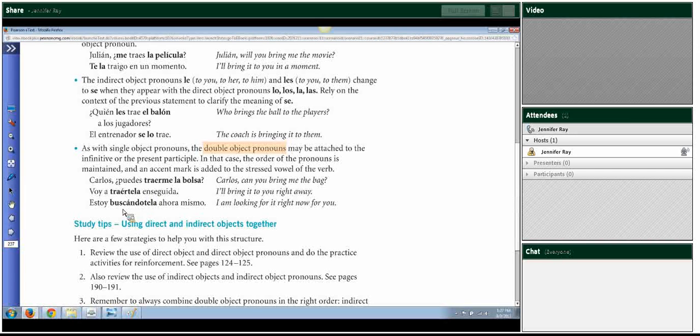Or you can attach them to a present participle, and the indirect goes before the direct, and you want to keep the accent where the natural accent fell on the word before you added anything to it. Because it's shifted, you'll have to write it in. So it can go in front of a conjugated verb, or attached to an infinitive, or attached to a present participle, and you still put the indirect object before the direct object.